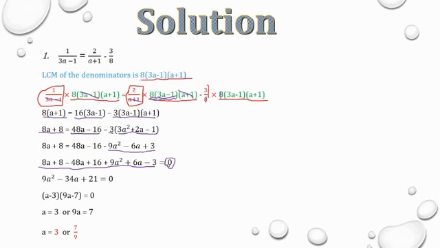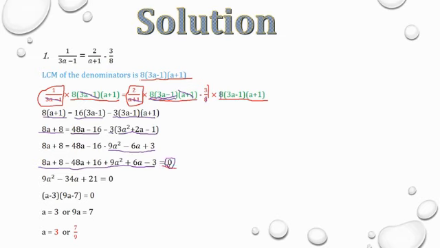And remember, when you transfer the right hand elements to the left, the signs of each element will change. Okay, so in this case it will be 8a plus 8 minus 48a plus 16 plus 9a squared plus 6a minus 3a being equal to 0.